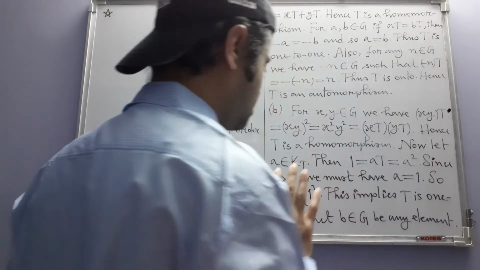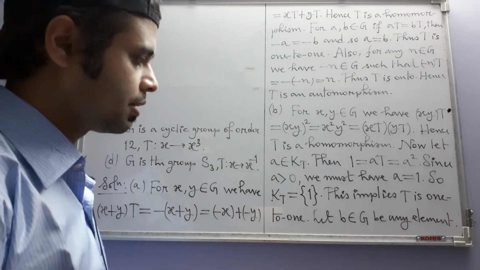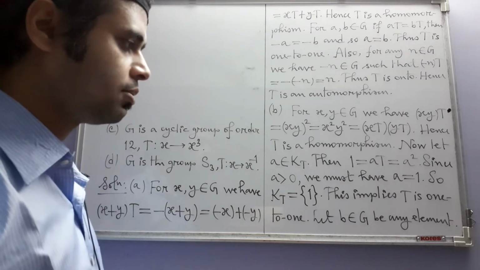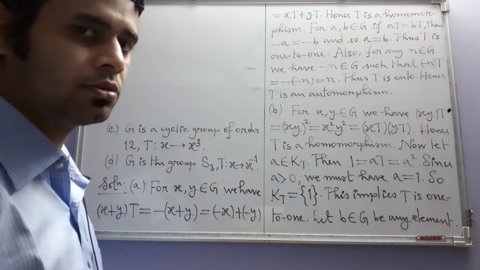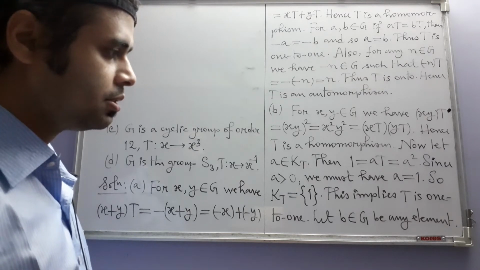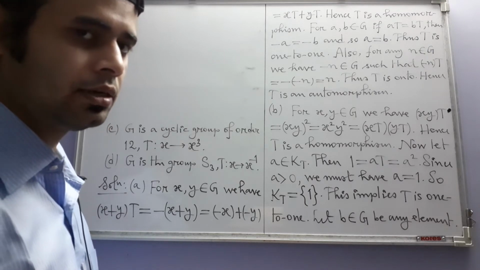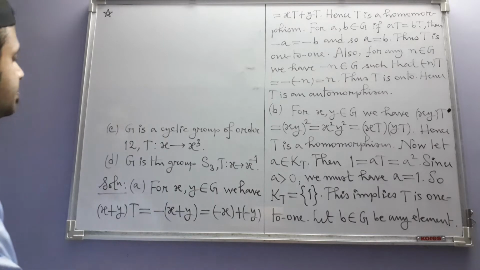Now, since b is a positive real number, we know from real analysis that there is something known as the positive square root of b. Such a real number exists, which is when you take the square of that real number, you get b back.